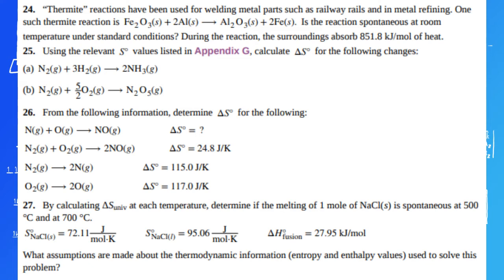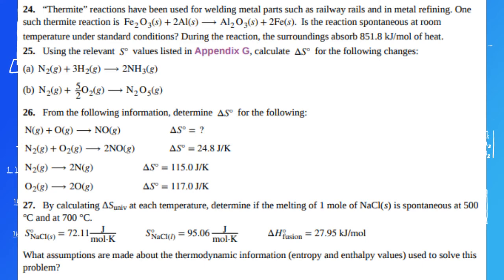Okay, so I guess we can use that delta S formula for isothermal processes. So at 500 Celsius versus 700 Celsius, I'll just do one of them and you can do the other on your own.